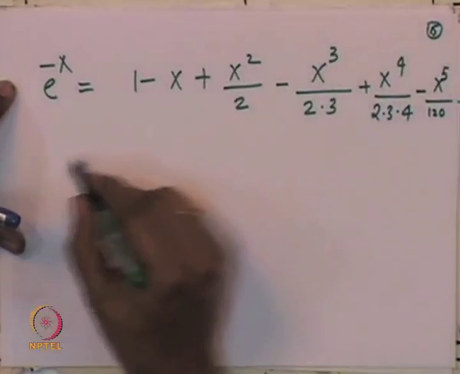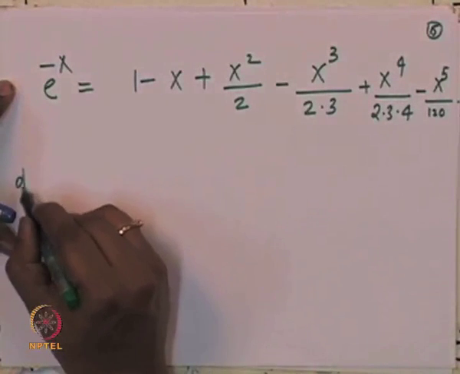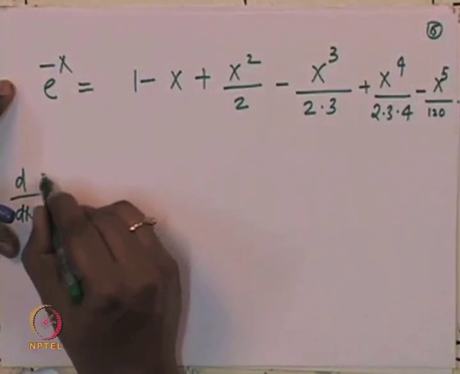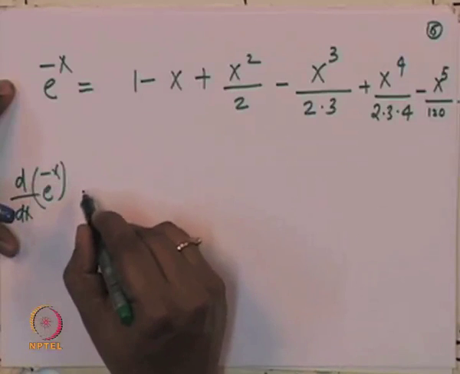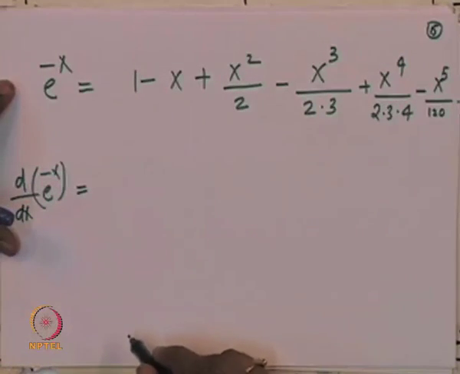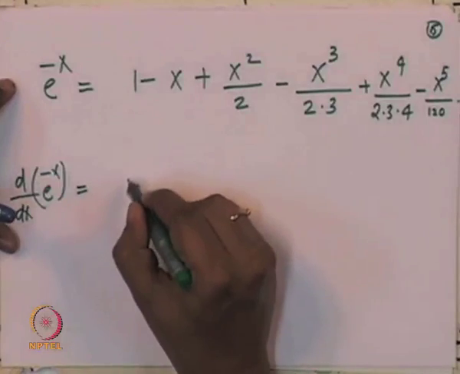Now we want to find d by dx of e power minus x. You can find the derivative of each of these terms. The derivative of 1 is 0.